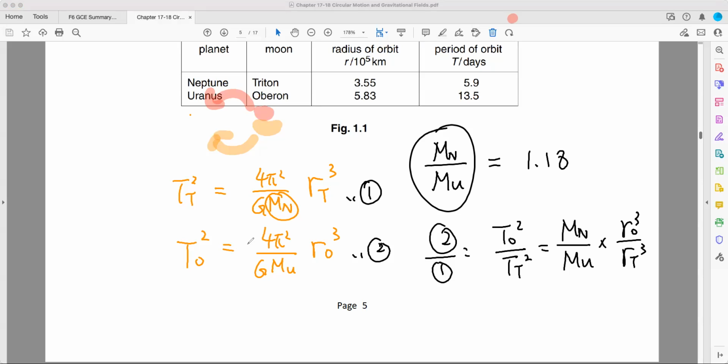Yeah, they are constants. You can cancel it out. Or another way around is you don't use ratio. You find the mass of N and find the mass of U from these two equations, and then find the ratio. I just need to find a ratio, I don't need to find the masses.